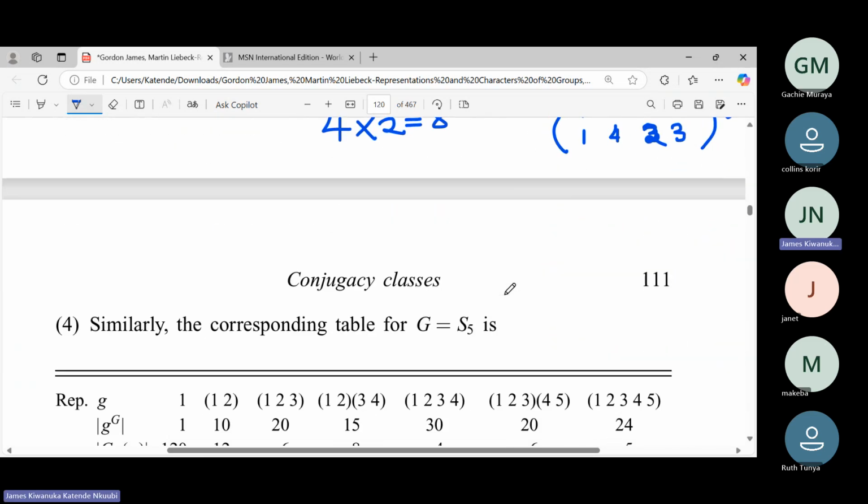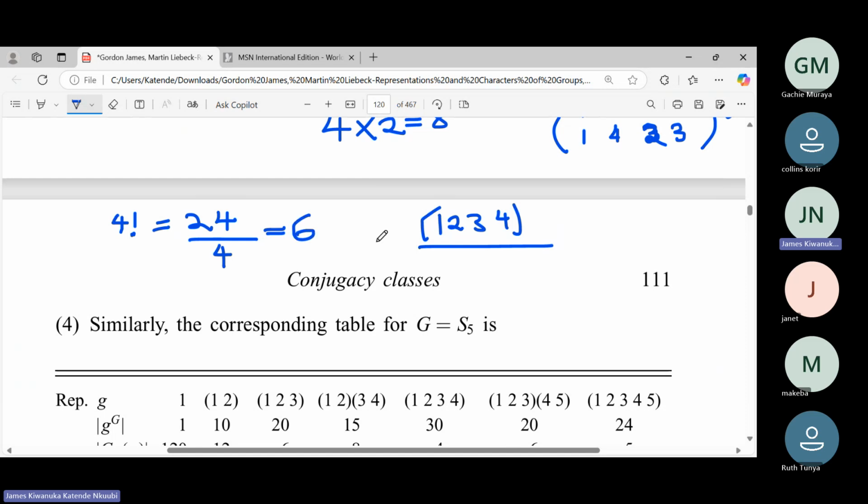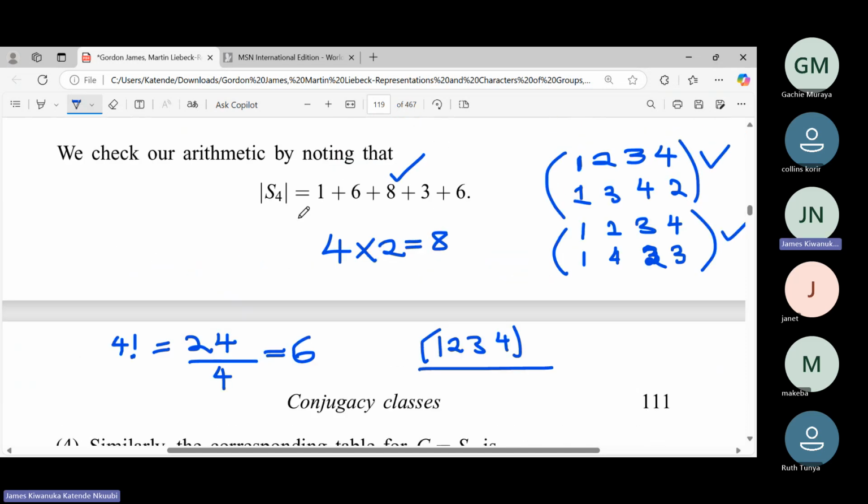Remember I told you that if you have a 4 cycle, like 1, 2, 3, 4, this cycle can be written in 4 different ways. It's just the same cycle. But if you have 4 elements, you can arrange them in 4 factorial different ways, which is equal to 24. But in this 24, each cycle is repeated 4 times. Is that correct? So it means essentially you just have six 4 cycles. That's it.